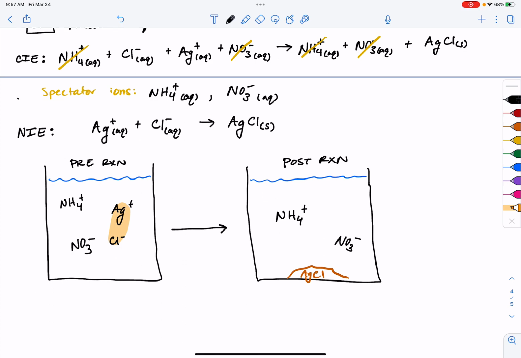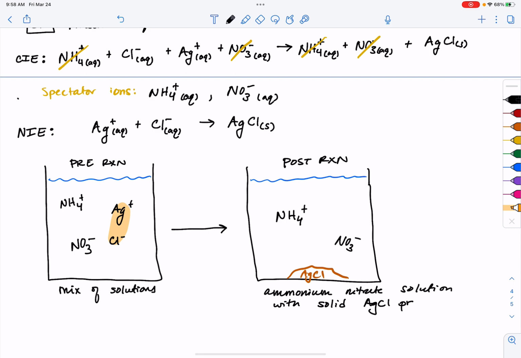So before we have this kind of mix of solutions, mix of ions in solution, here we have now an ammonium nitrate solution with now the solid silver chloride precipitate, meaning if I were to filter out this solid, I'd be left with an ammonium nitrate solution and then my silver chloride precipitate.